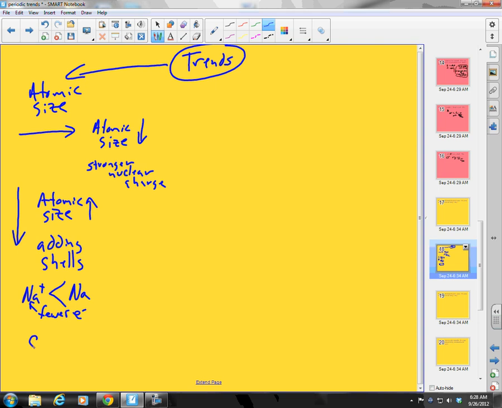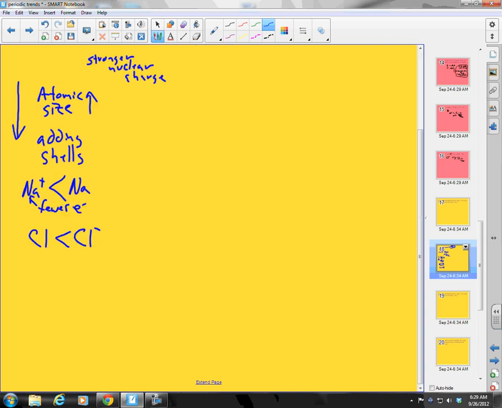And then we also compared the neutral atom to the anion, which has more electrons. The anion is always larger because it has more electrons than the neutral atom. So that's kind of our summary of atomic size.